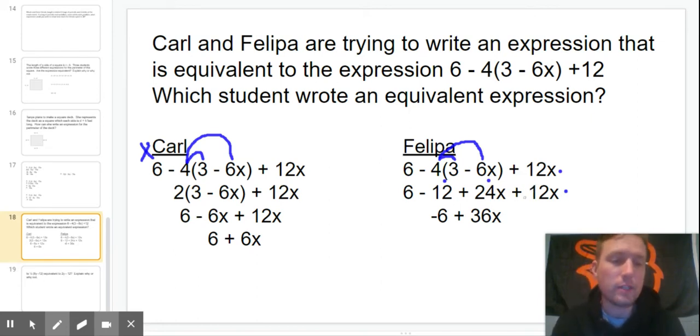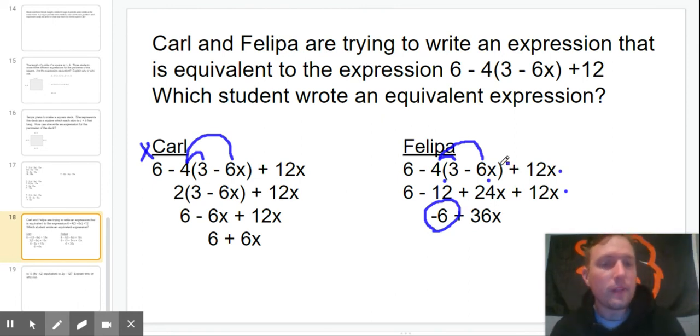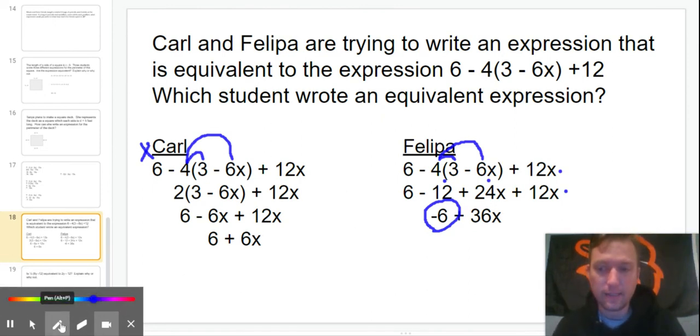So what I want to do is put my variable terms and my constant terms together. So I'm going to subtract. 6 minus 12 gives me -6. That is correct. 24 plus 12 gives me 36x.